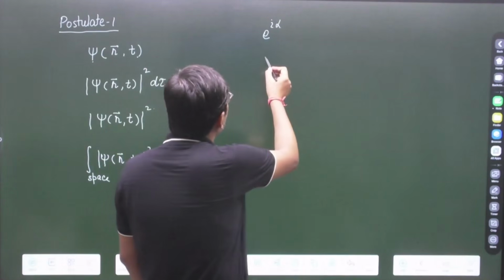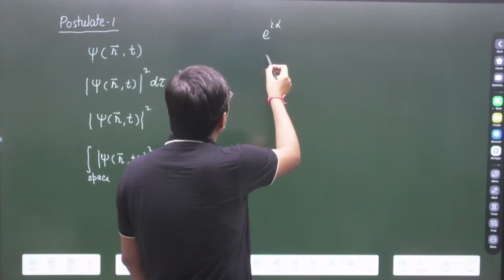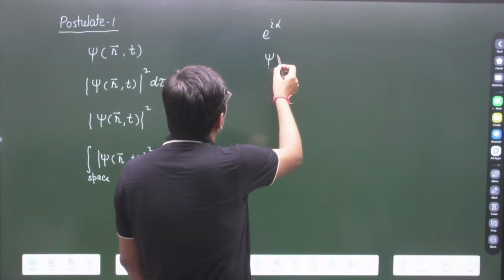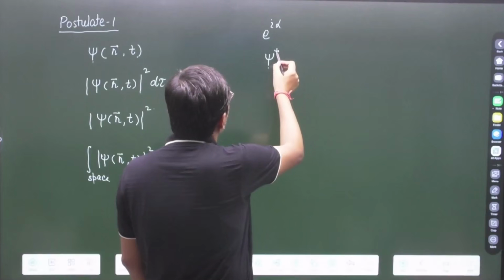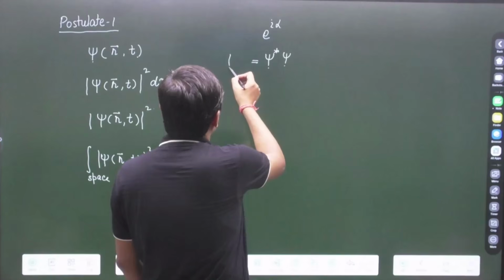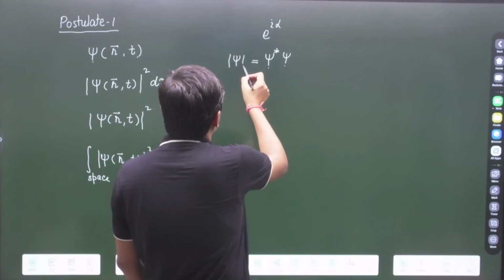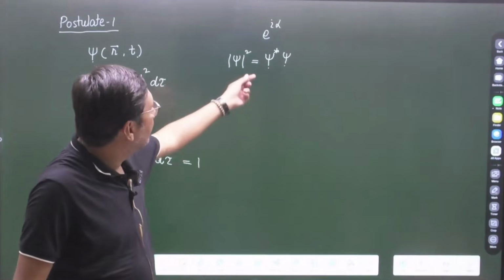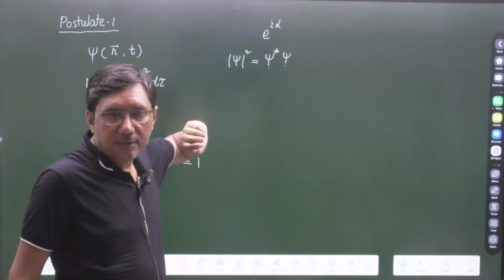Earlier you have psi, and psi square is the probability density. Now you multiply this psi by e to the power i alpha.